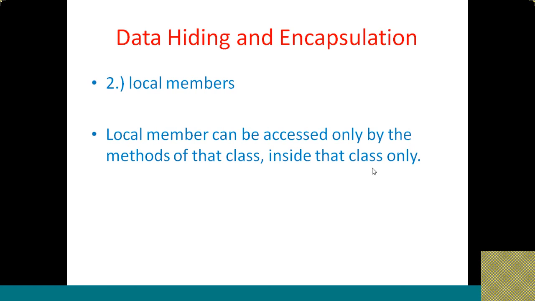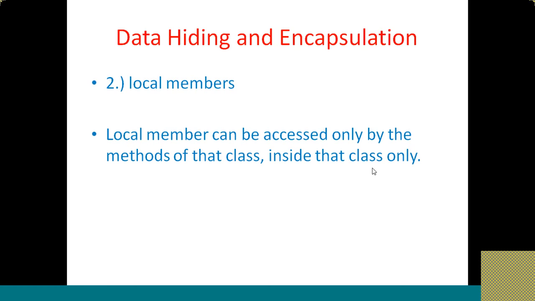Even the object of the class cannot access the local members. Local members are also not visible in its subclasses or derived classes. And to access the local members, a non-local method should be used. So these are some points regarding local members.